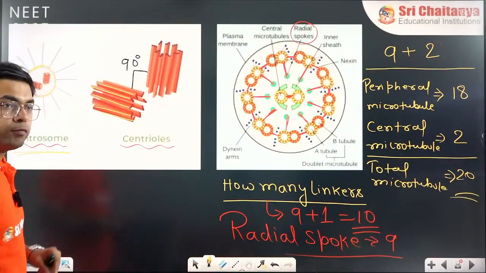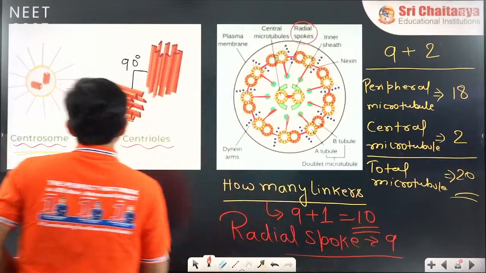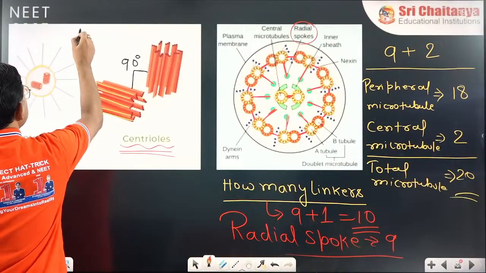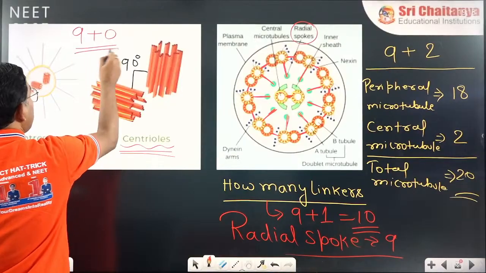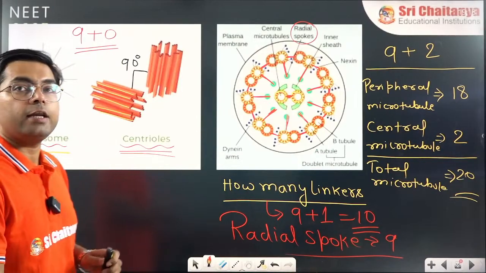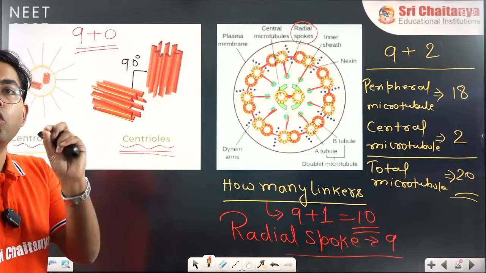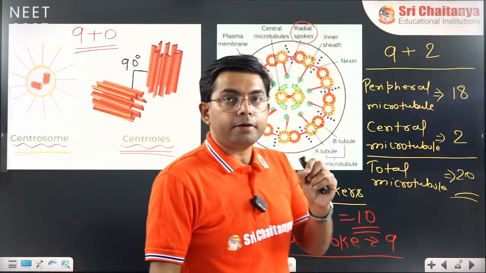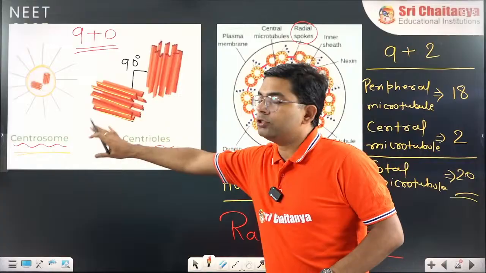What arrangement of microtubule? So I have told you earlier also that in the centriole the arrangement is 9+0. Microtubule arrangement is 9+0. Now, if question is asked, what is the arrangement of microtubule in centrosome?